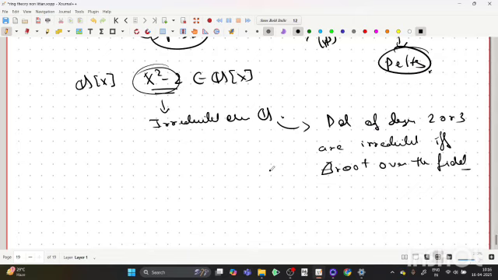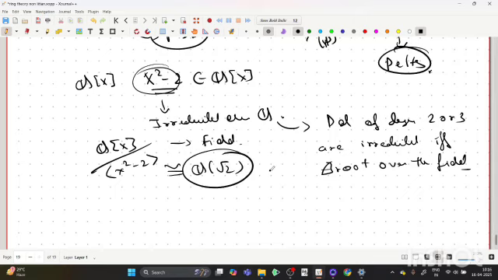And the roots of this should be plus or minus root 2, which is obviously not a rational number, so it does not have a root over Q, and hence it's an irreducible element. This implies that the quotient ring Q[x] modulo the ideal generated by x^2 - 2 must be a field. And in field theory, this is what we express as Q(root 2), that is the smallest field containing Q and the element root 2. Clear?